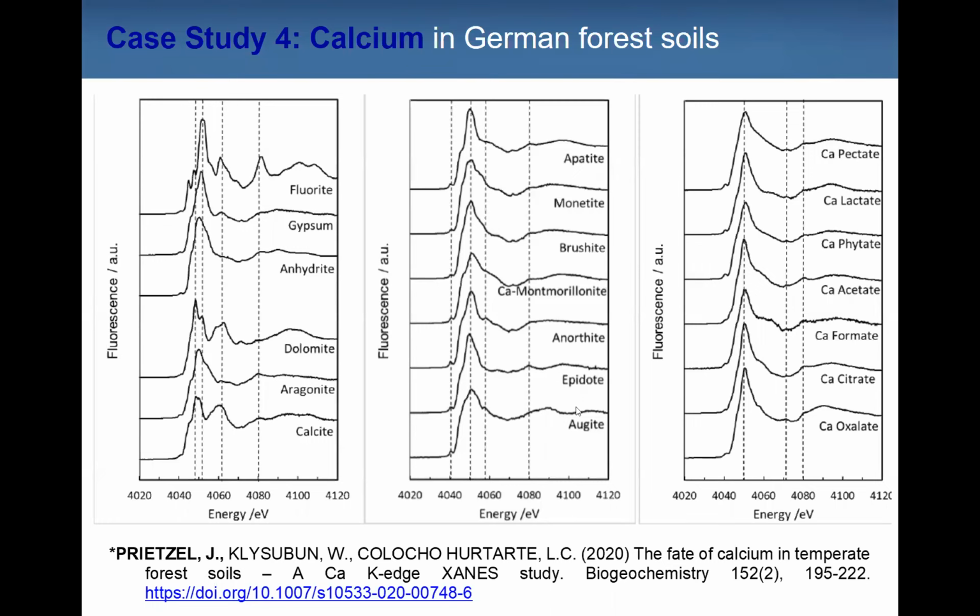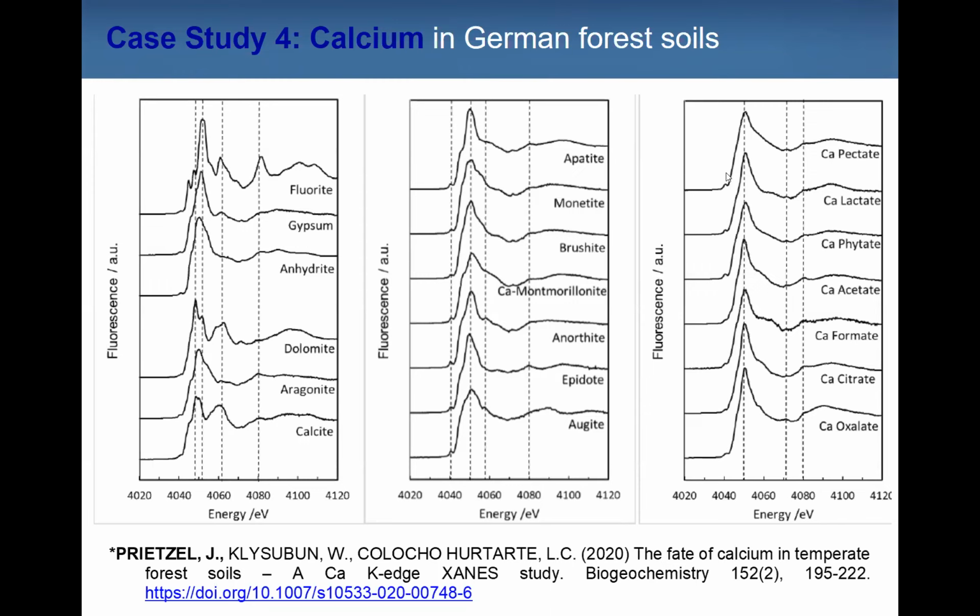We have silicates, augite, epidote, and anorthite, and clay mineral. They have slightly different features compared to these phosphates, and very different features compared to the evaporites mentioned here. So you can discriminate different soil minerals nicely by the spectra.